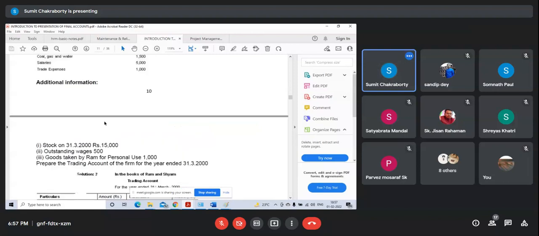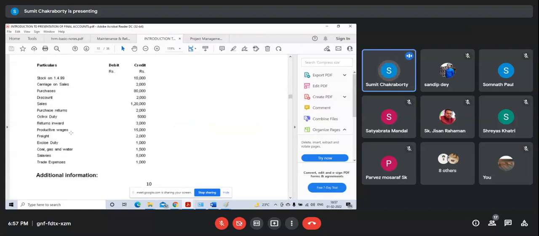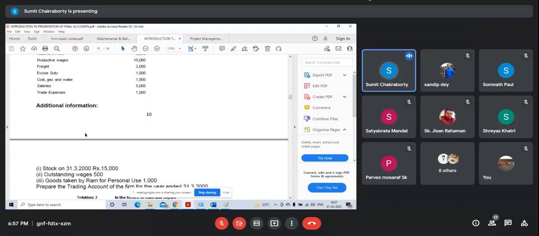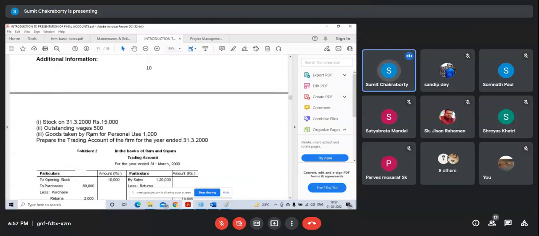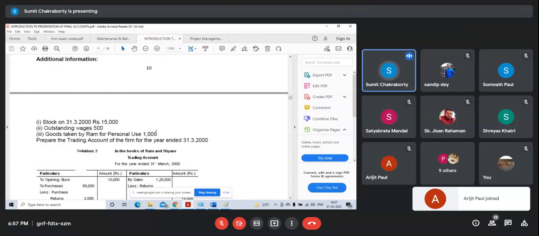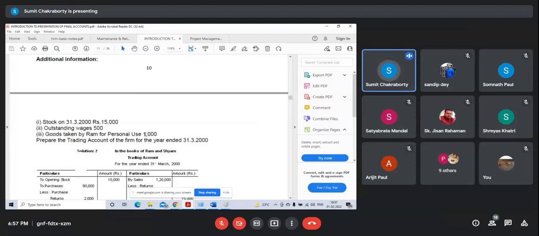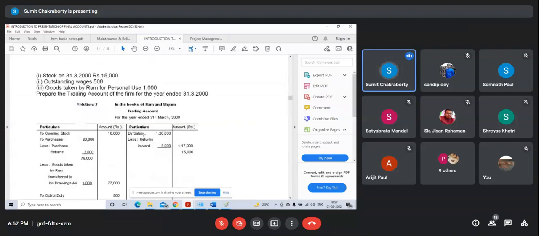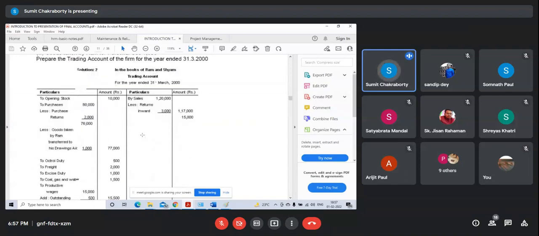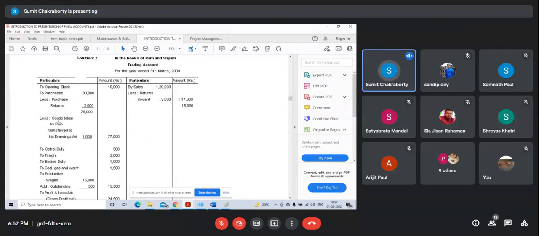So you have to debit the outstanding wages along with the productive wages. Goods taken by Ram for personal use, the drawings account, that is not included in goods taken. So this should be a part of the trading account, because it is concerned with the goods, so less.